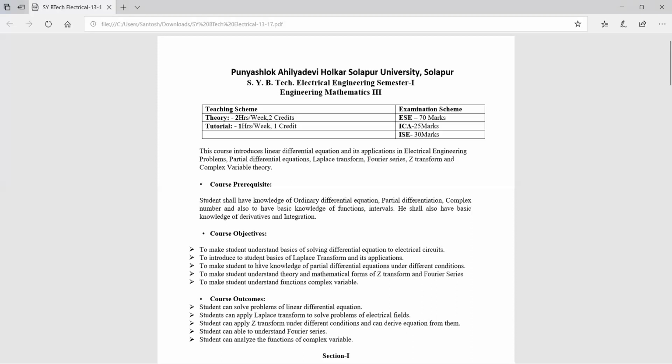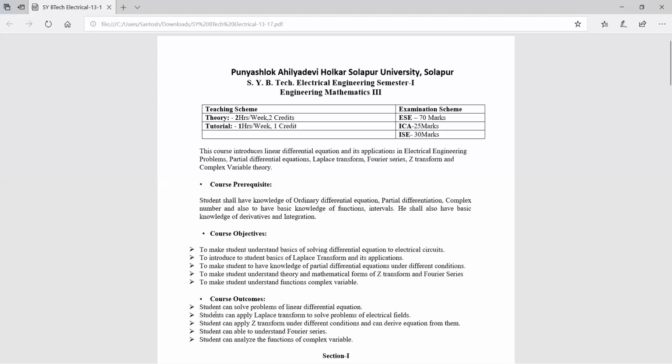And last objective of this course, to make students understand functions of a complex variable. As we have seen, in a function of a real variable, the variable is real. Now in this subject, Engineering Mathematics 3, we have to see functions related to a complex variable, that is, a function of a complex number, a function of a complex variable.